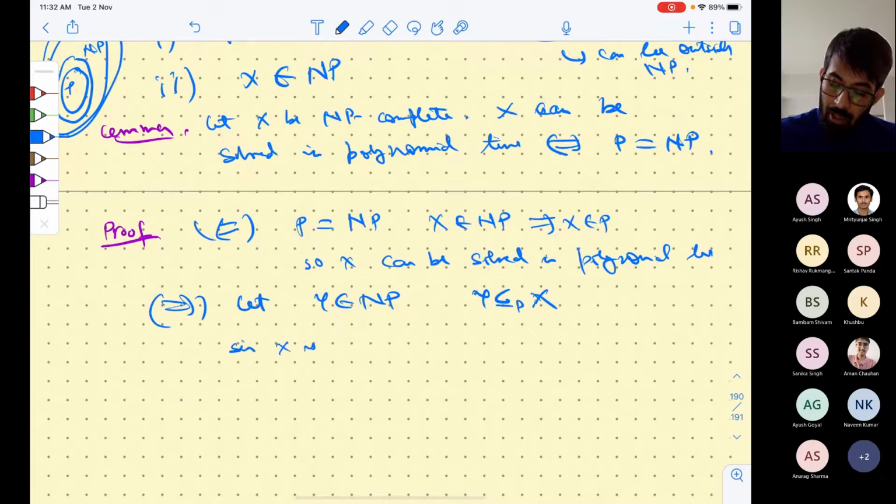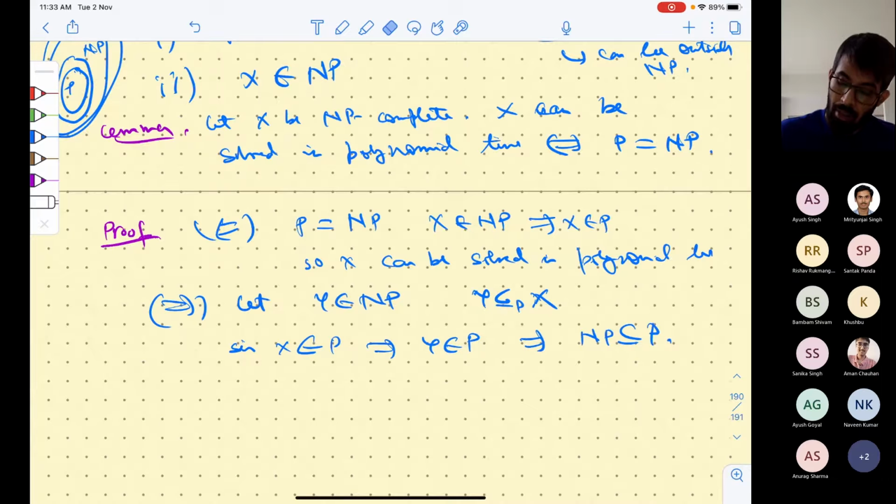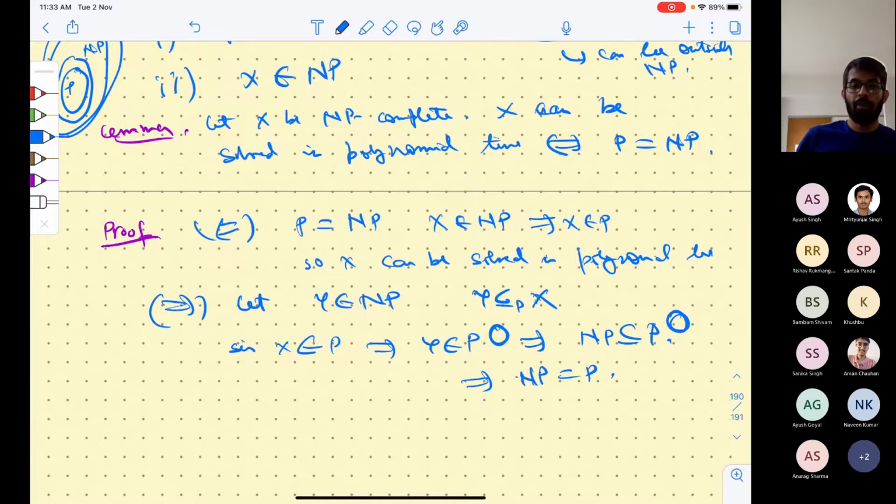Since X belongs to P, this implies Y belongs to P, which implies NP is a subset of P, and along with the fact that P is a subset of NP, that will imply that NP is equal to P. Any question about this?